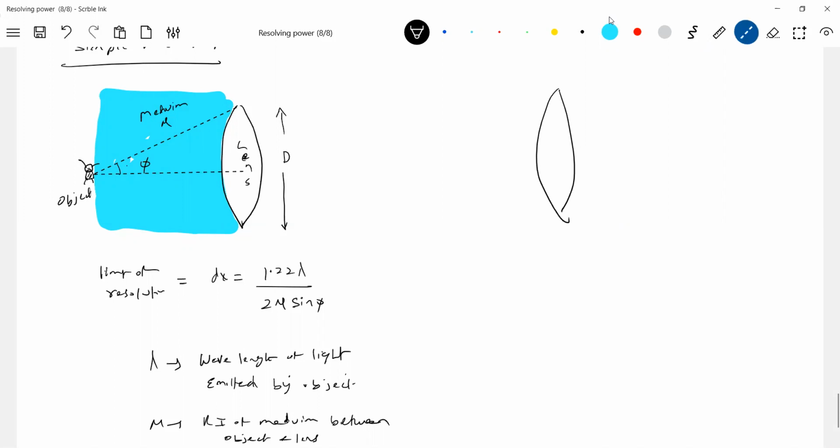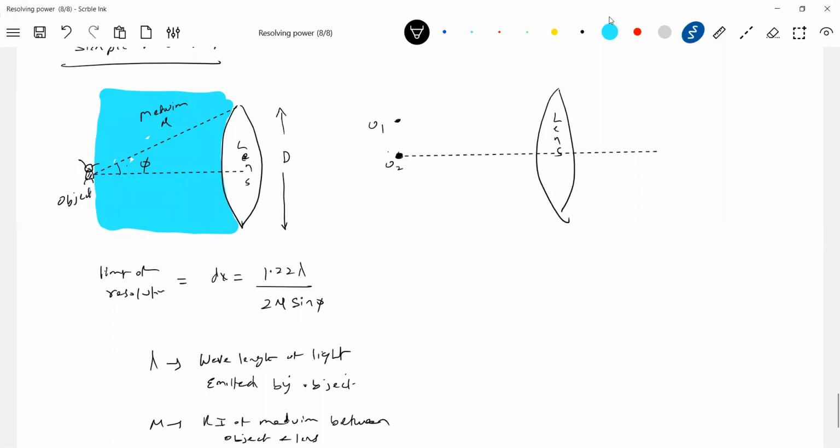Okay, I'll give one diagram. If this is a lens, you have kept two objects here. Then what happens? This lens will form an image, and that image will be seen by the eye.